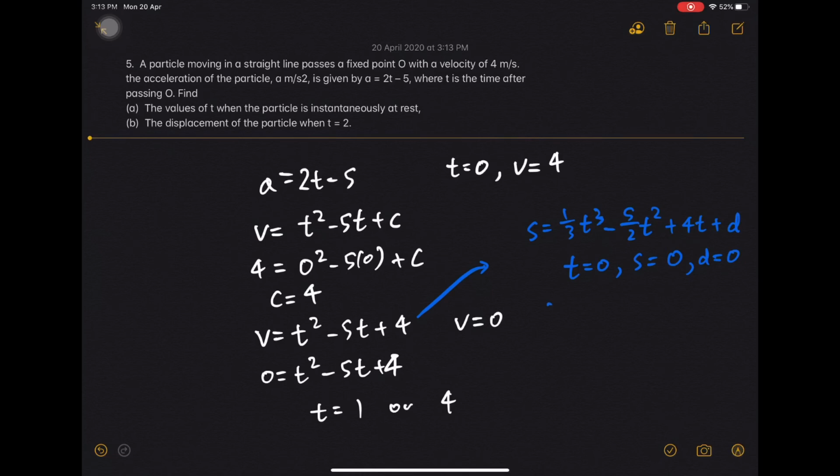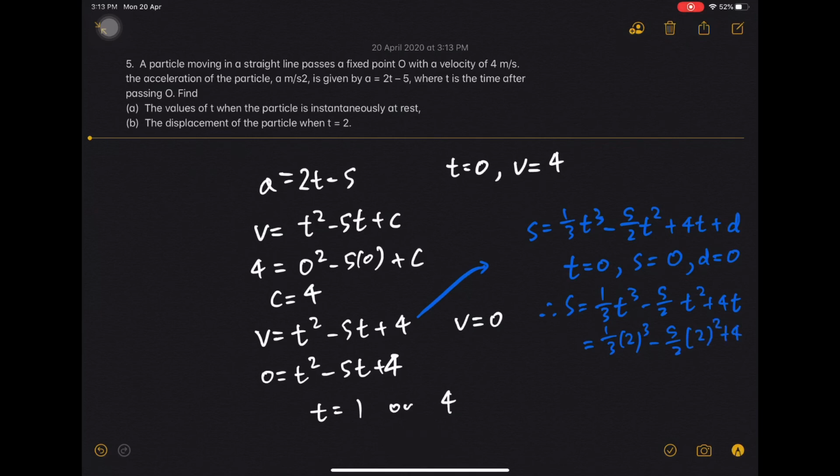So therefore, we have our displacement equation to be this. We have found our displacement equation. Now we need to find the displacement when time is 2 seconds. So we're going to just substitute 2 seconds into this equation, and solve this.